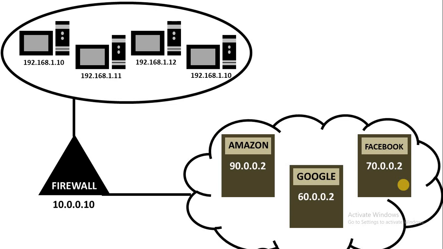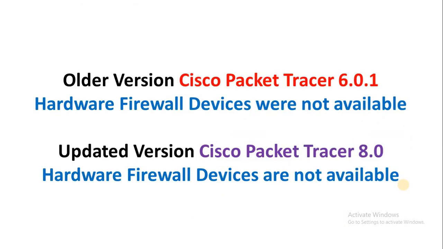Let us understand this with the Cisco Packet Tracer application. In this particular lecture we are going to use the new updated version of Cisco Packet Tracer application, that is 8.0, because in the older version that we have already used in earlier lectures, this particular hardware firewall is not available.